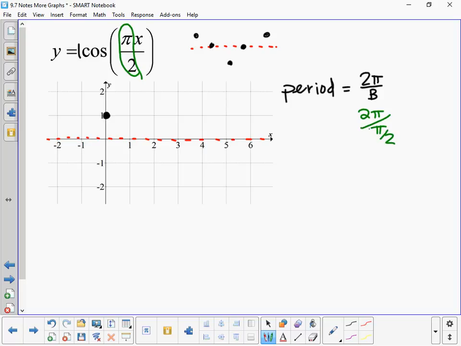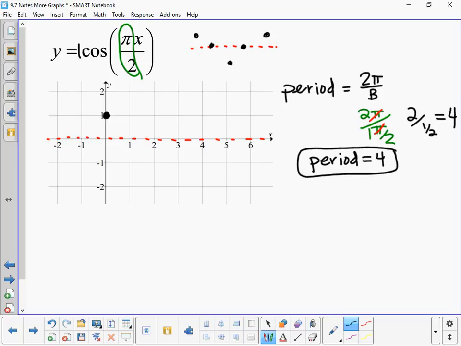Oh, this is like a 1 pi over 2. So the pi's reduce. Pi divided by pi is 1. So we're left with 2 divided by 1/2, which is the same as 4. So our period is 4. So the end of that cycle is going to be at the point (4, 1).